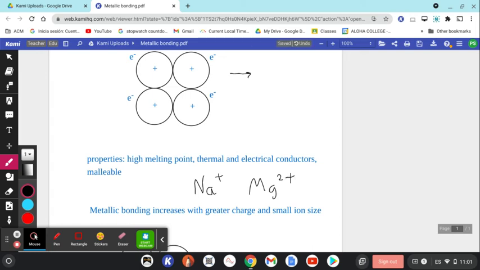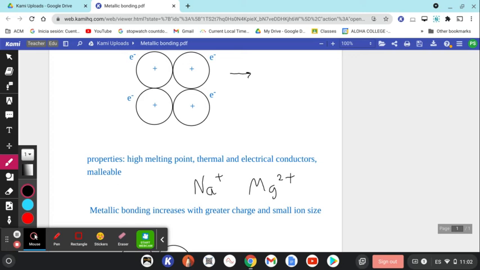That is because, obviously, there's a greater attraction if there's more electrons present. Magnesium loses 2 electrons. Per every ion, there's 2 electrons flowing through the structure. There will be a greater attraction between the nucleus of the ion and those electrons. So there's an increase with greater charge of the ion.